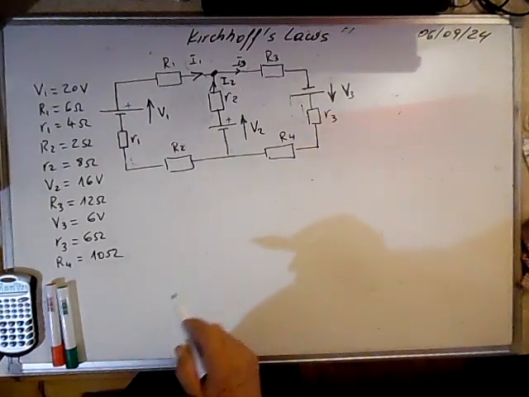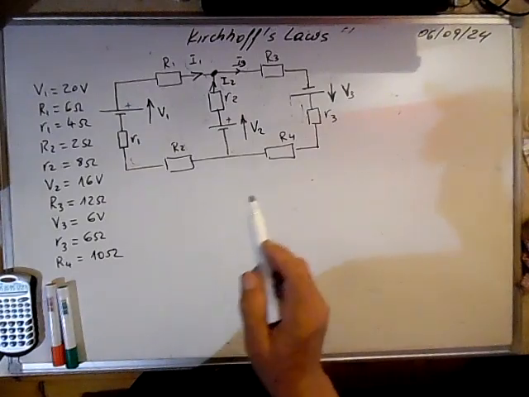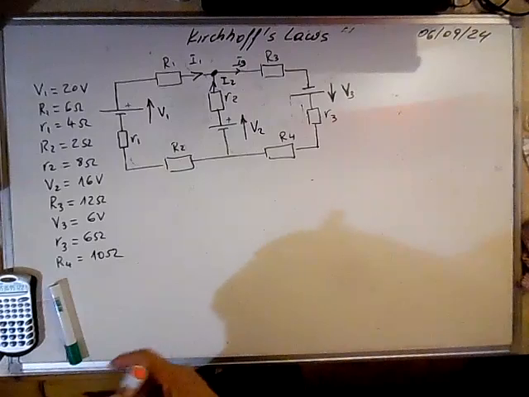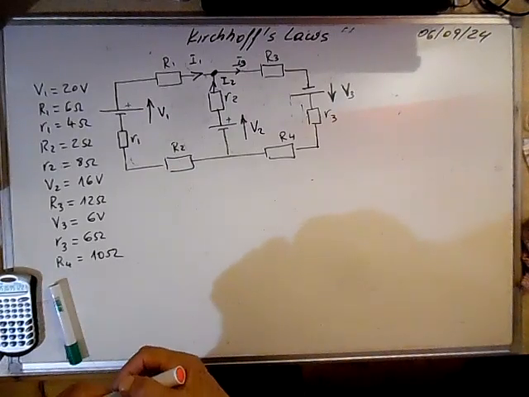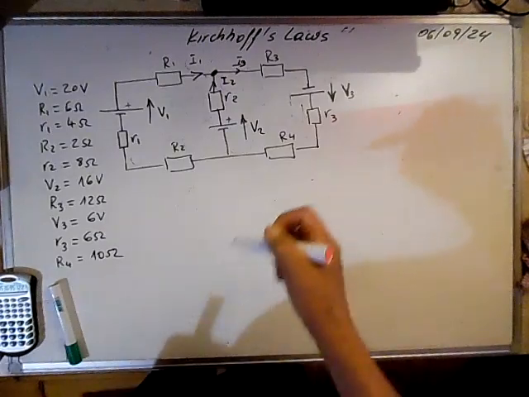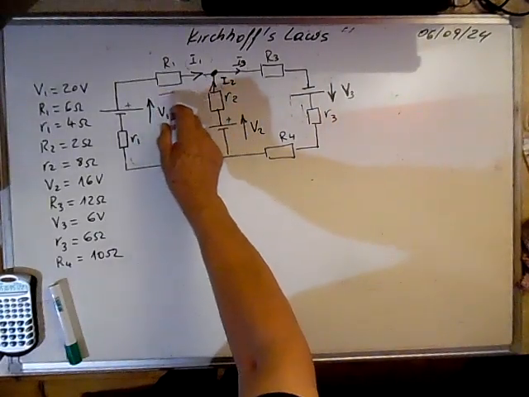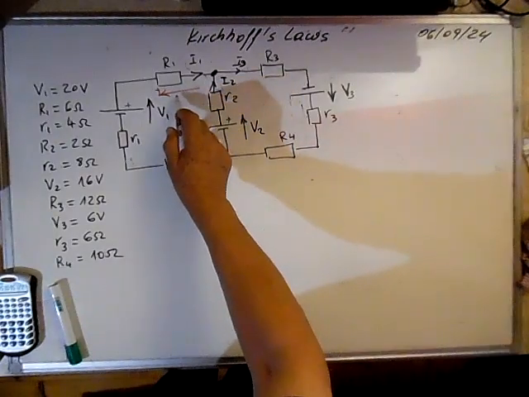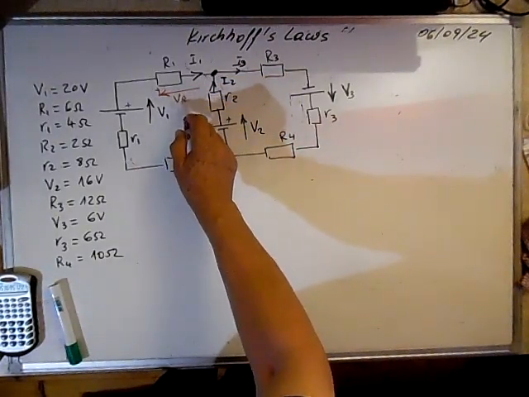This is the first thing to do, and we deduce the voltage drops in every resistor. Remember that for the voltage drop, the current flows from the highest potential, the highest potential is here, to the lowest. This is VR1.